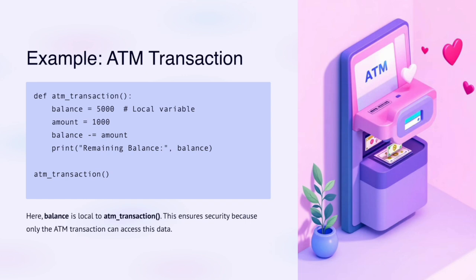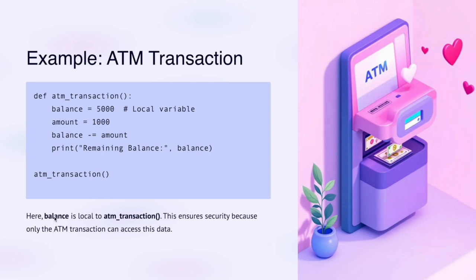As you can see on our screen, we have an ATM transaction where the balance has been given, the total balance of the user, and the amount the user has withdrawn from the account. So the amount has been subtracted and it is giving the balance amount.